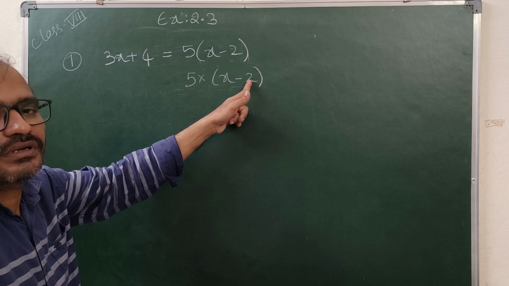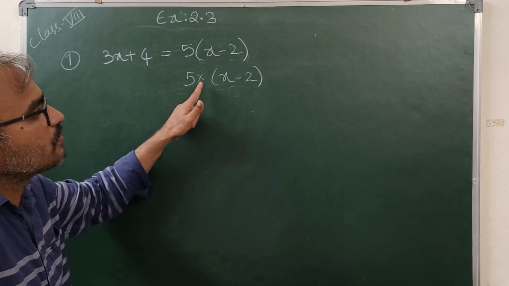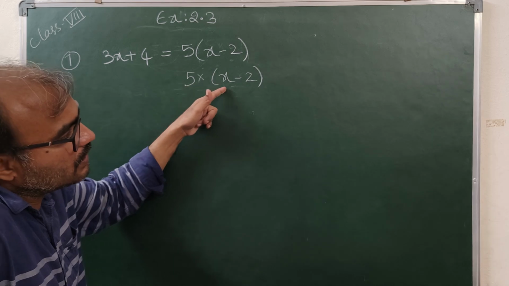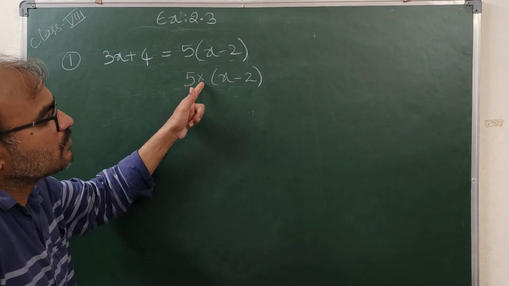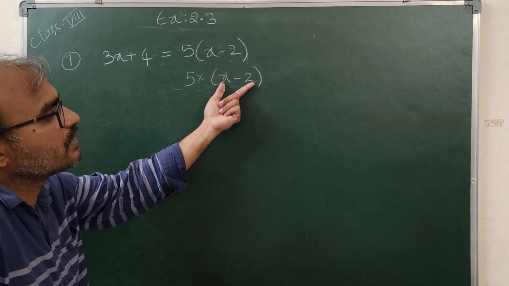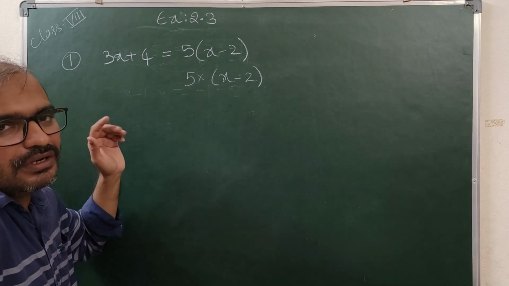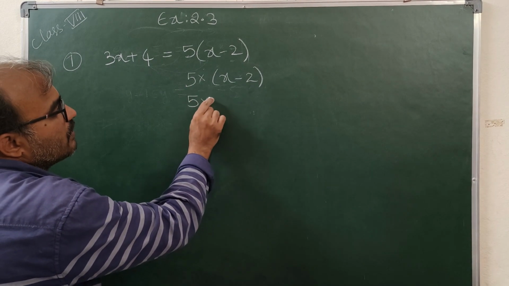That is called distribution. Whatever numbers are there in the bracket, you have to distribute this multiplication to all the numbers inside the bracket, because they have given the bracket, which means the multiplication is for the entire contents. If there are 2 terms, you have to give it to both terms, right? That is why it will become 5 into x.